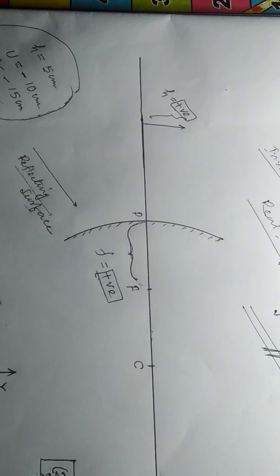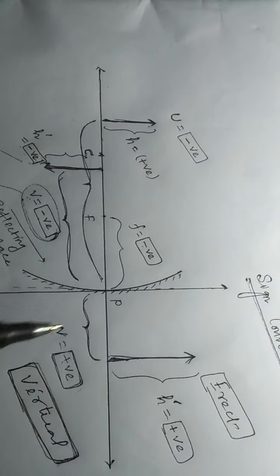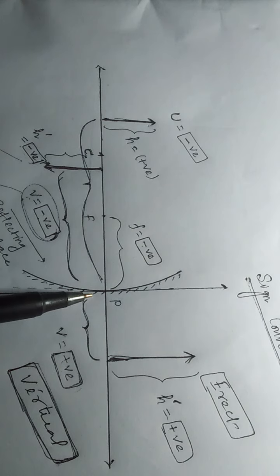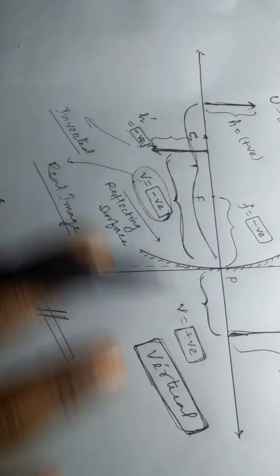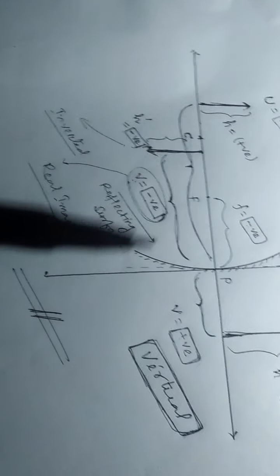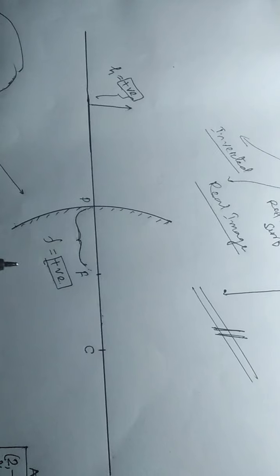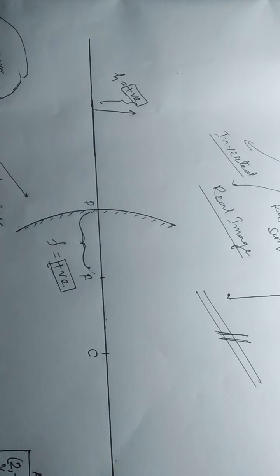In this video I'm going to move further from concave mirror to convex mirror. All these things are same regarding convex mirror also, but one thing is different. What is the difference?